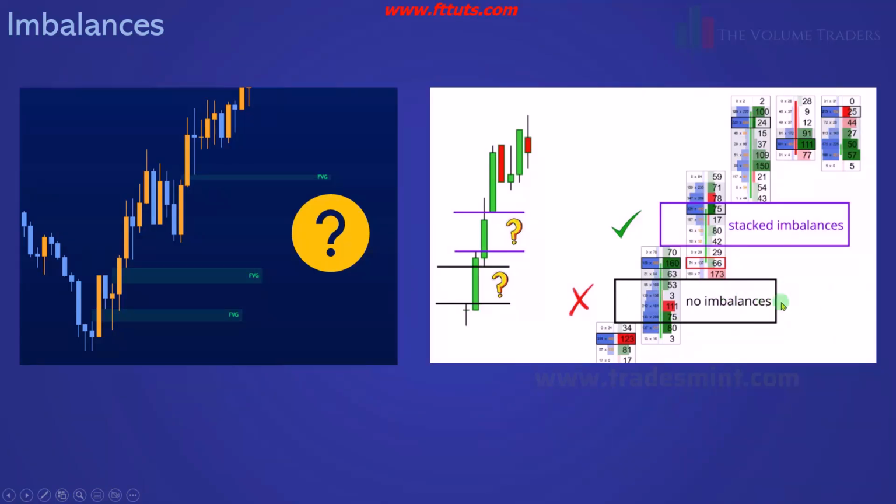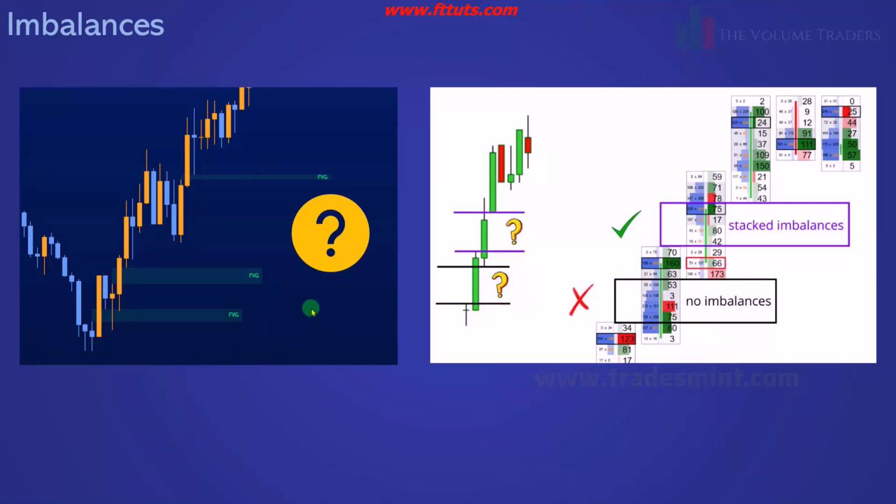Someone could place a limit order here, and then the question was why the price broke this. Was that a fair value gap? No, this is just a simple candle with a normal move, normal auction, just the buyers were very strong. Here on this candle they were 10 times stronger, so yes, that was the fair value gap. So this is why I am not using this on my markups.